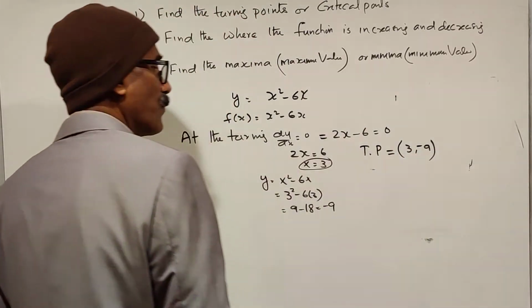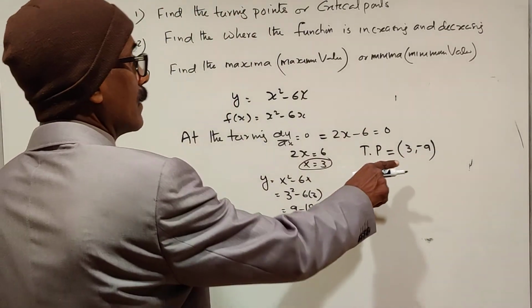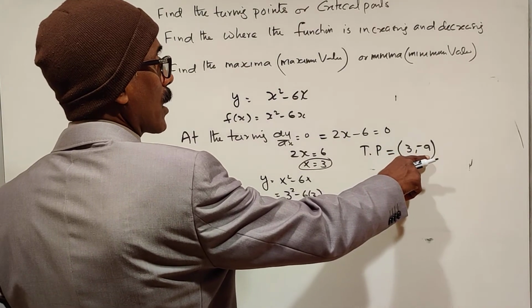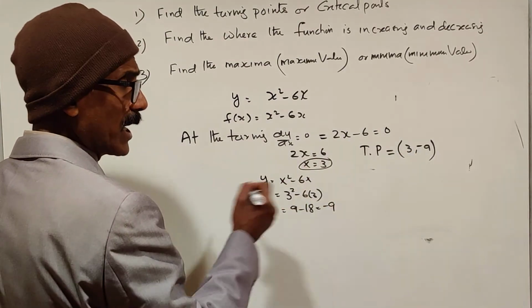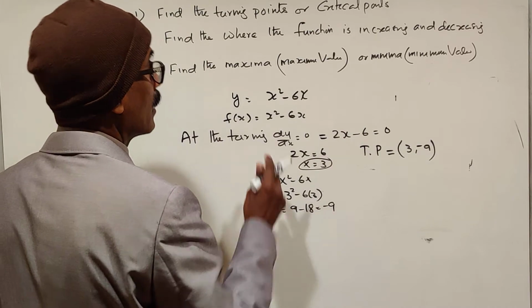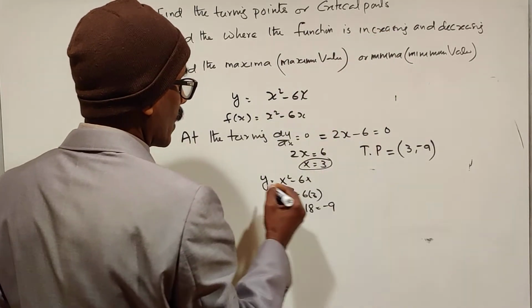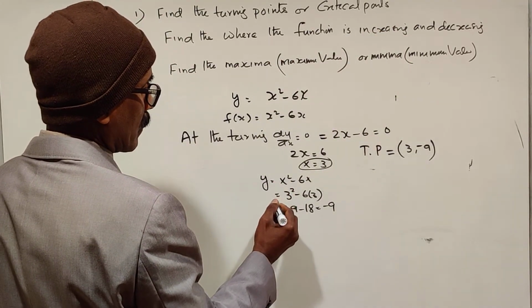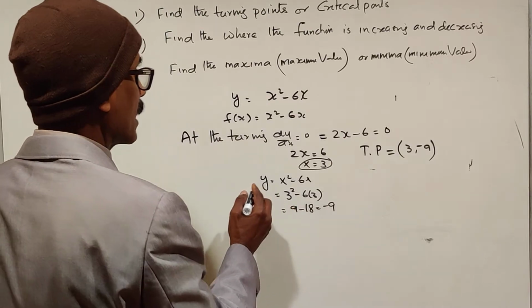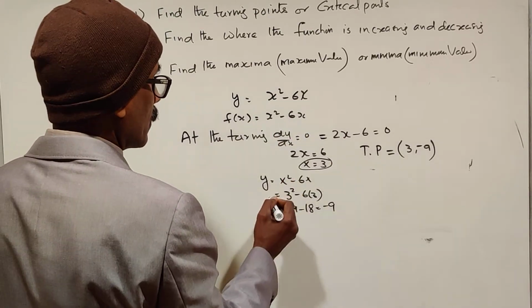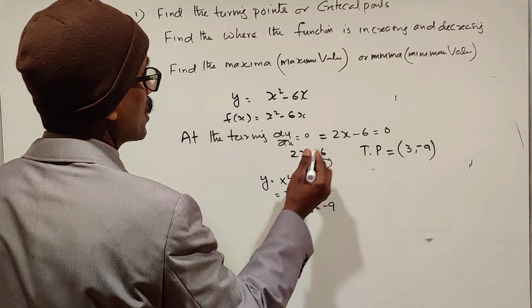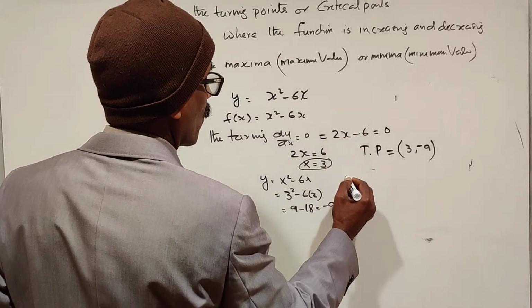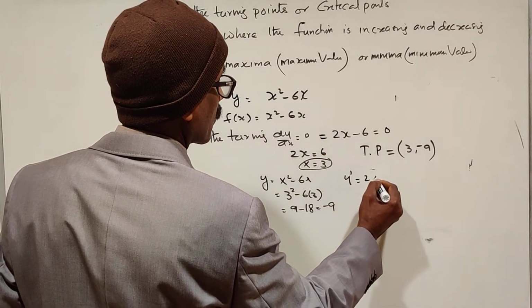We need to find whether this point is a maximum point or a minimum point. Before doing this, what is the second derivative? The first derivative is 2x minus 6, y dash equals 2x minus 6.